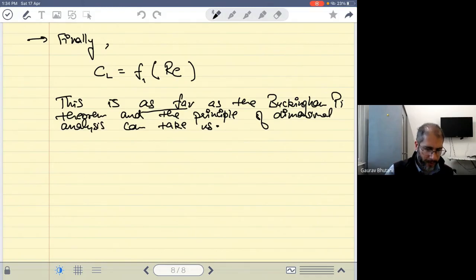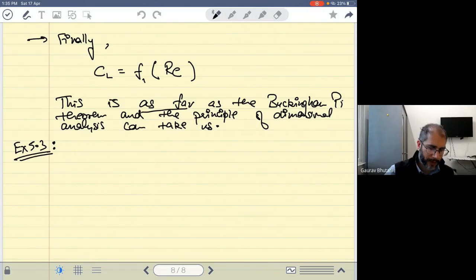So let us reinforce our understanding of this theorem with a couple more examples. So example 5.3, and the reason I'm doing all these examples is because the principle of dimensional analysis is a bit of an art when working with it. So one has to practice a few problems to be able to get comfortable with the methods.